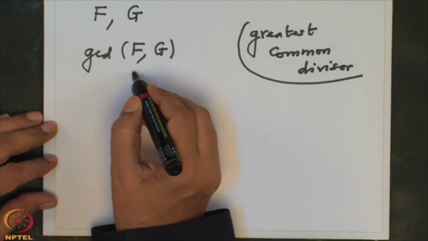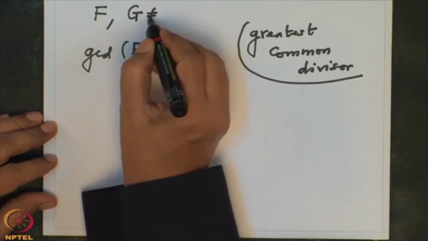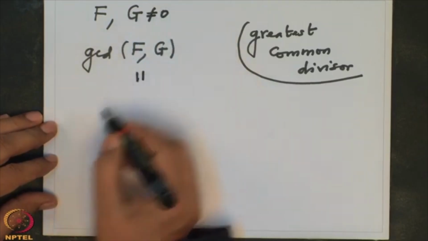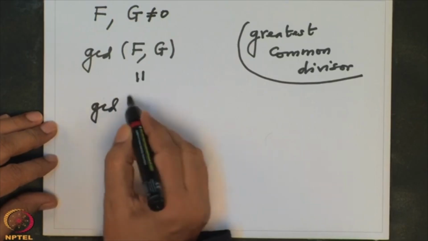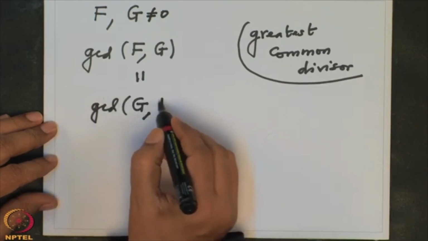I will put this as an exercise for you. So check that GCD of f and g, let us say g is non-zero, is the same as GCD of g and r.